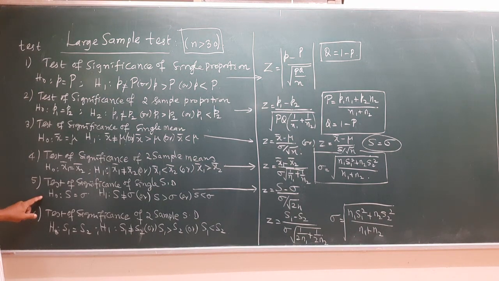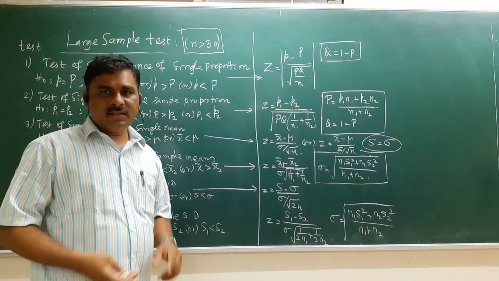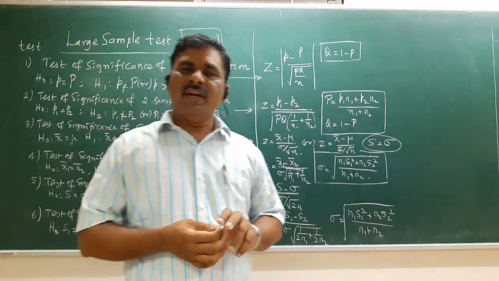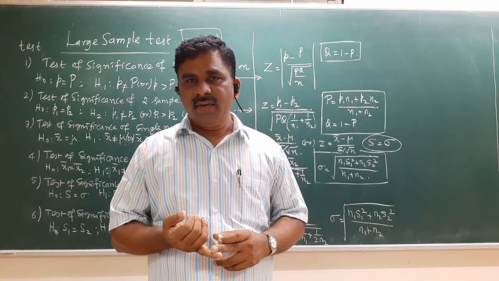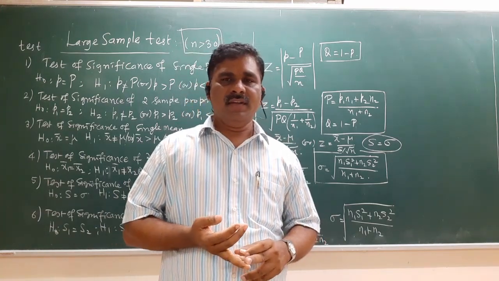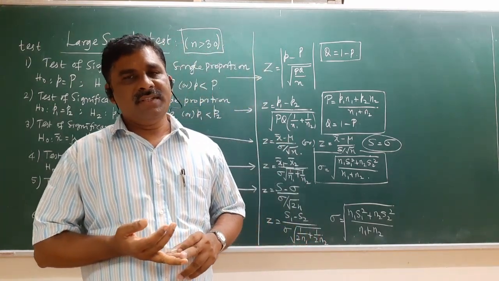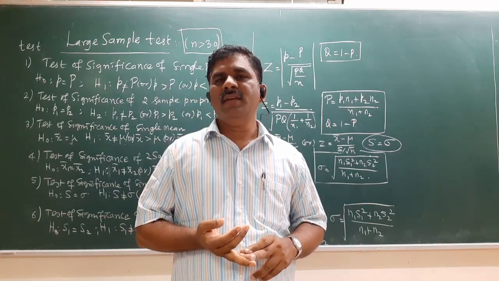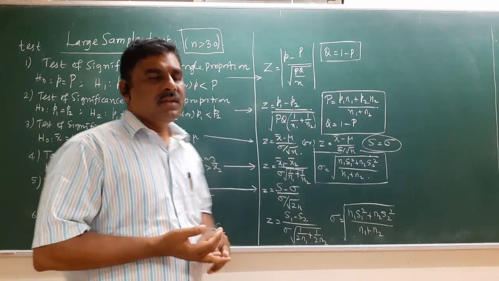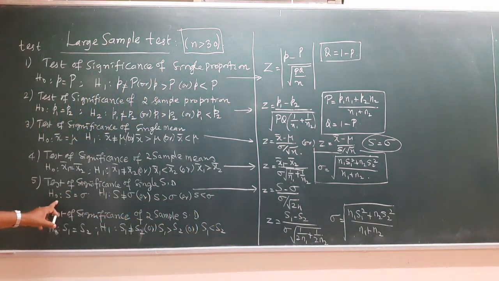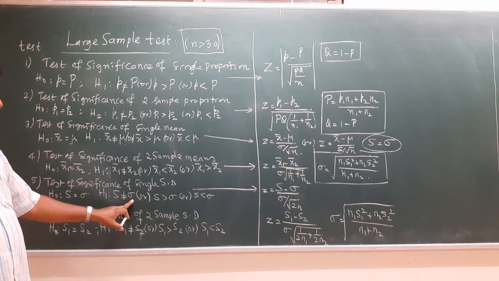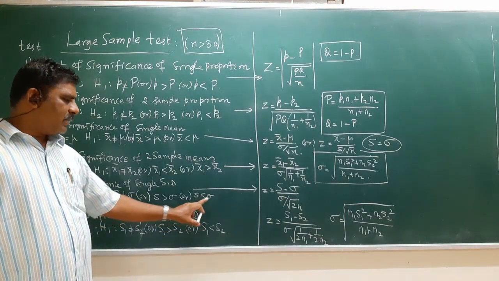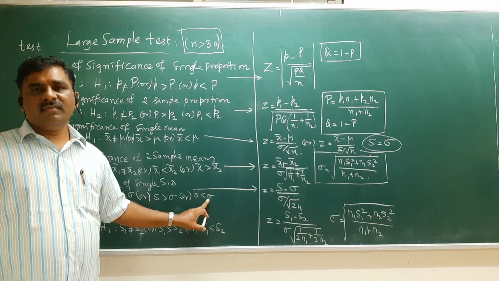The fifth test is test of significance of single standard deviation. That means we are going to test the significant difference between sample standard deviation and population standard deviation. Usually the sample standard deviation is denoted by S, and the population standard deviation is denoted by sigma. So what is H naught here? S equal to sigma. H1 is S not equal to sigma, or S greater than sigma, or S less than sigma.